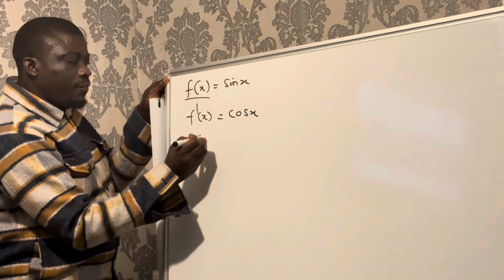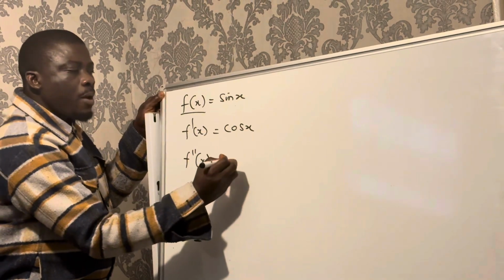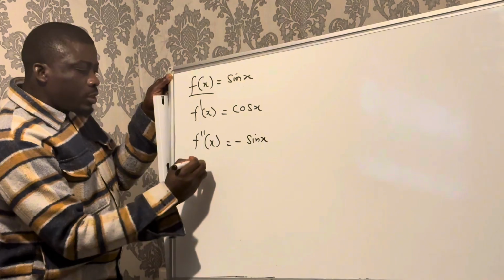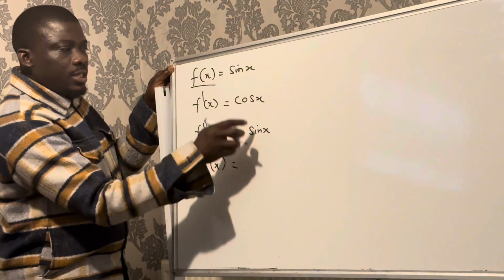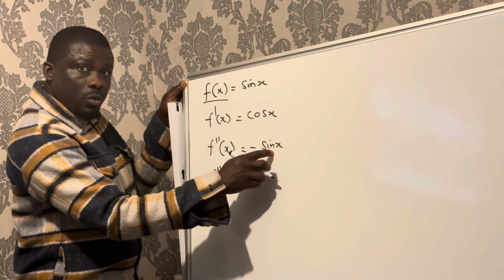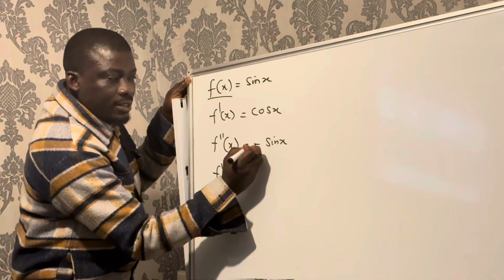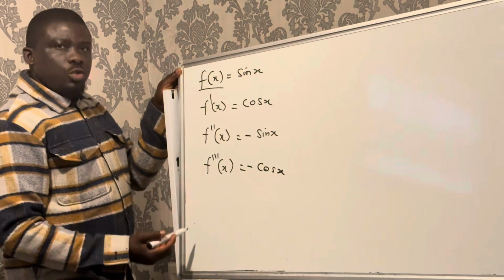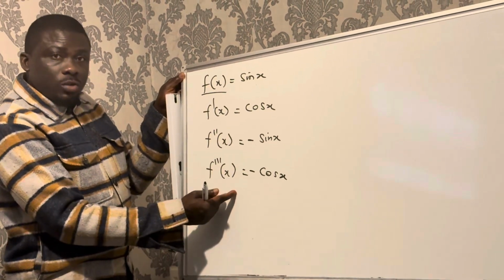For the second derivative, if you differentiate cos x, we are going to have minus sine x. For the third derivative, when you differentiate minus sine x, we have minus cos x. We can continue differentiating in this manner, but let's stop at this third derivative.